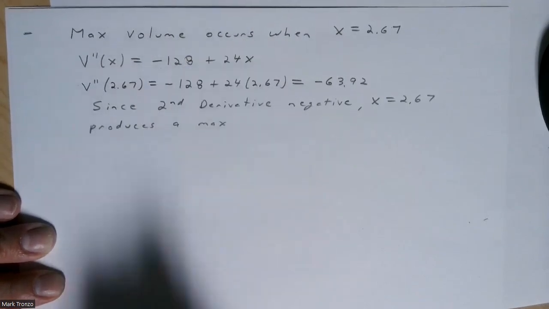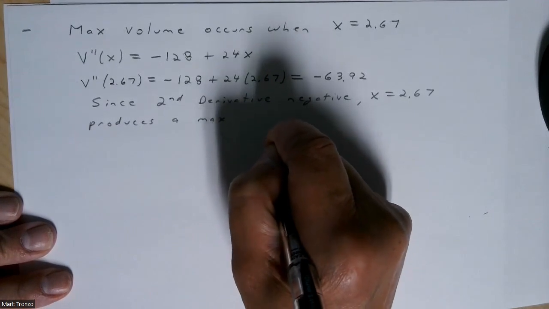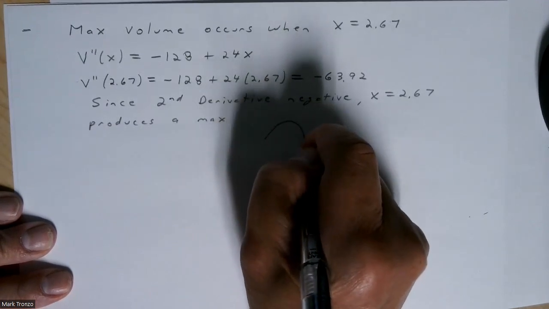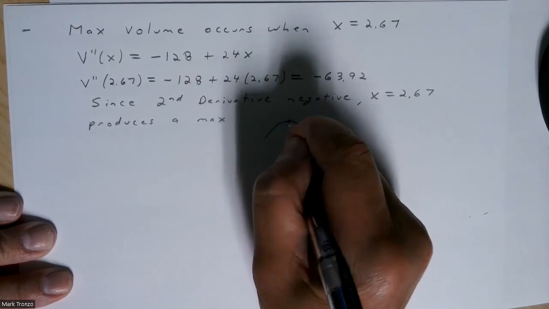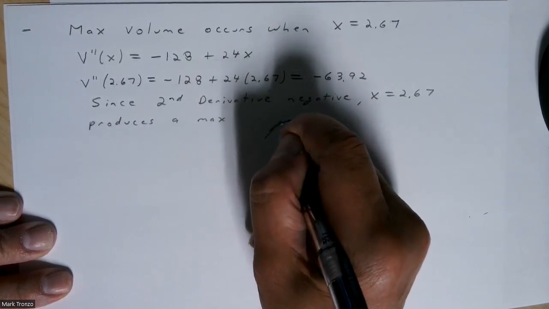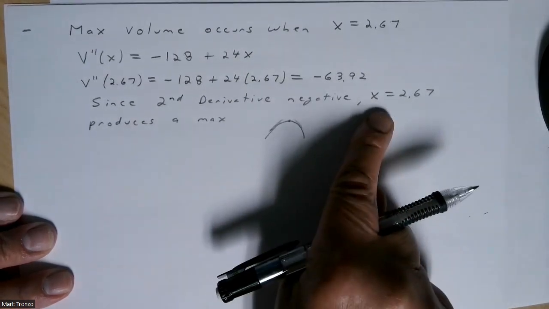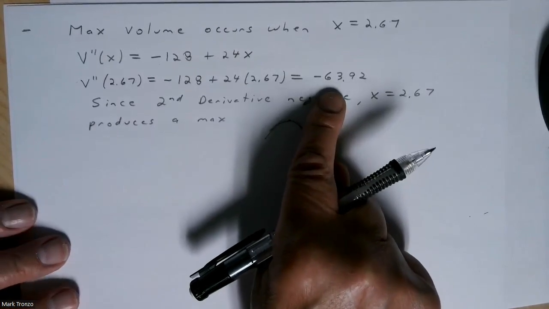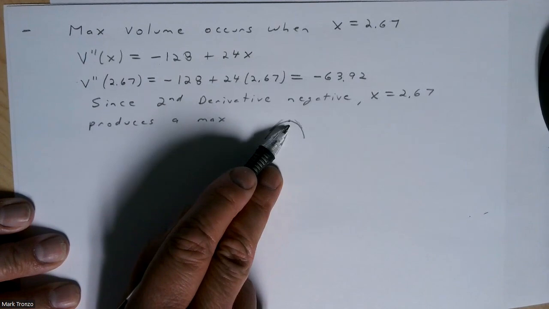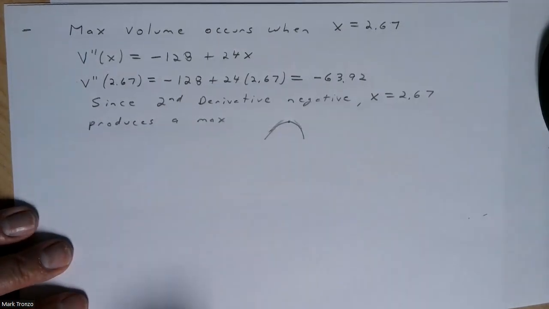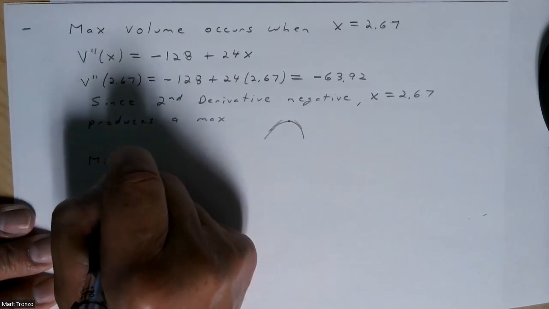Because you remember the second derivative tells you how the slope of the curve is changing. So that means at the maximum point, it's changing from a positive slope to a negative slope. And that's what this is indicating right here, that we're changing from a positive slope to a negative, and that occurs at a maximum.